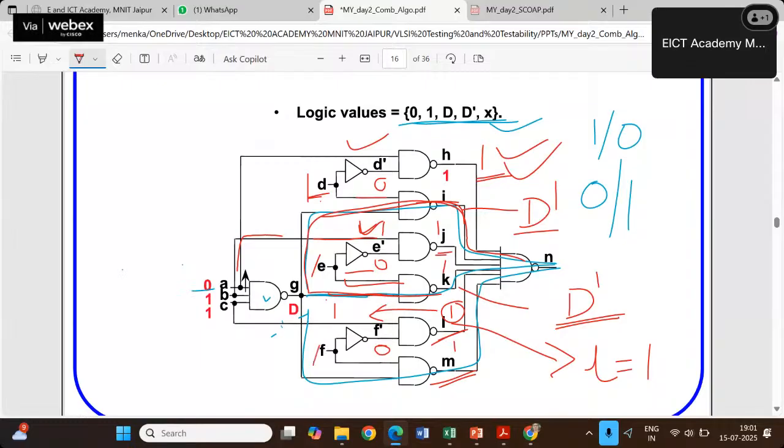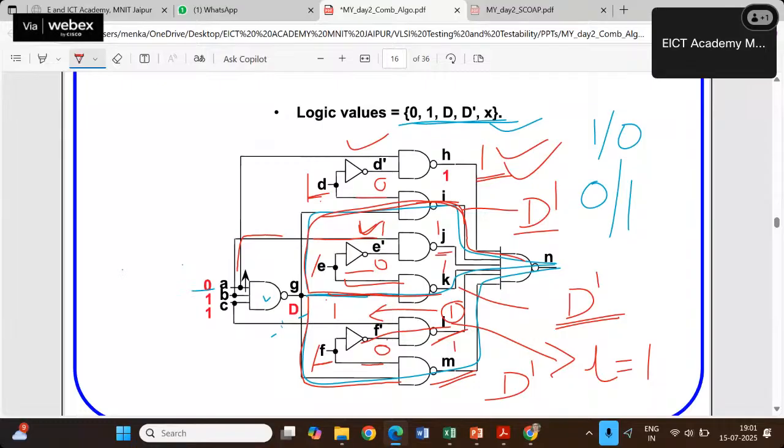Backtracking this means F is equal to 1. And then this 1 means, look at this, this was again D. So 1 over here, D ANDed with 1 means it is D dash. At M also I am getting D dash. But yes, if F is equal to 1, I can get L equal to 1.